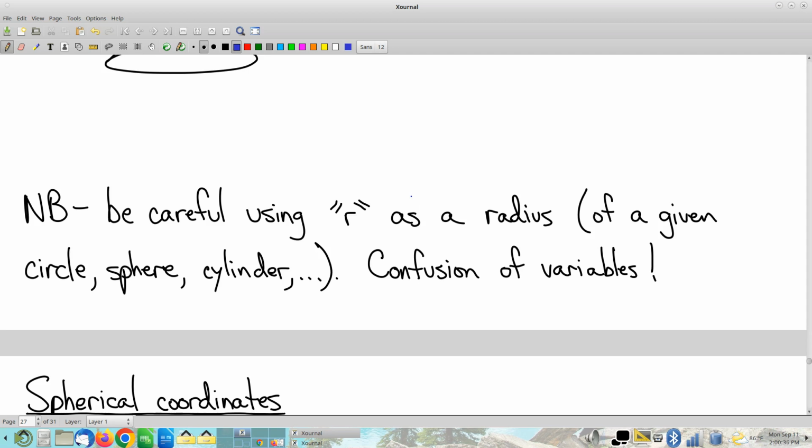Well, I can call it almost anything, but I really shouldn't call this distance x. x is a coordinate variable. If I call this distance x, then I'm also using x to represent the x coordinate. I've got a confusion of variables. That's not okay, right? So totally analogous here. Try to avoid using r as a label for anything other than what it's supposed to be.